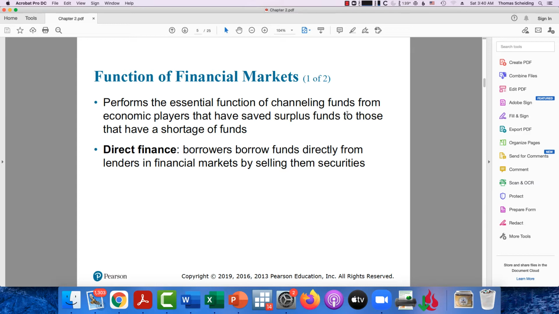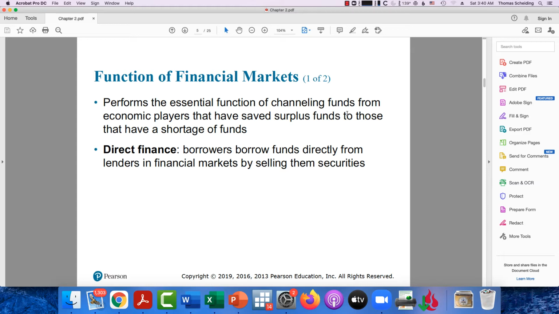They make relationships between savers and borrowers, because that's where we need to move the money: people or institutions that have money to invest, and individuals or institutions that need funding of some kind.